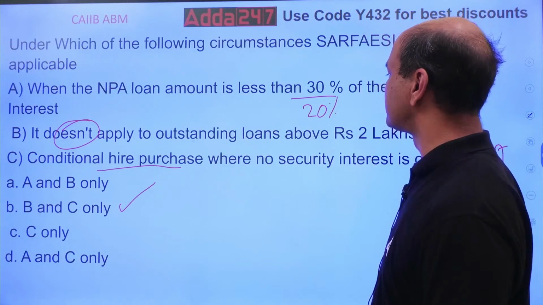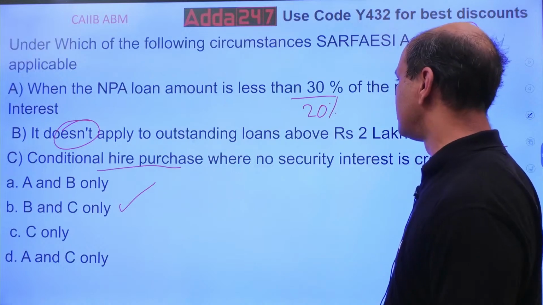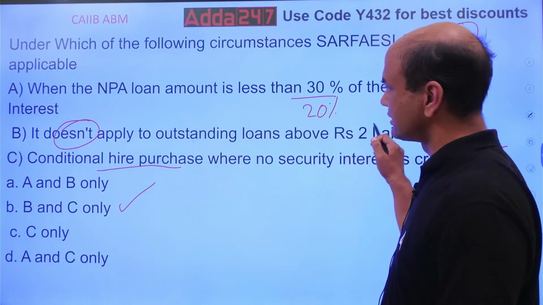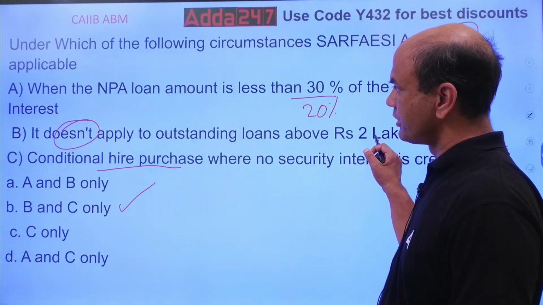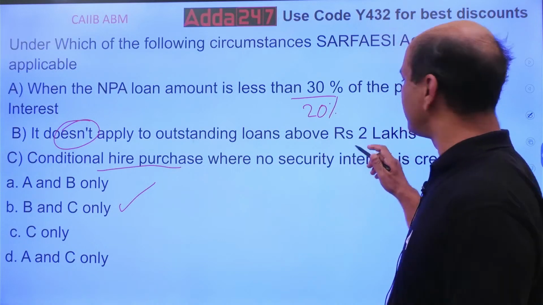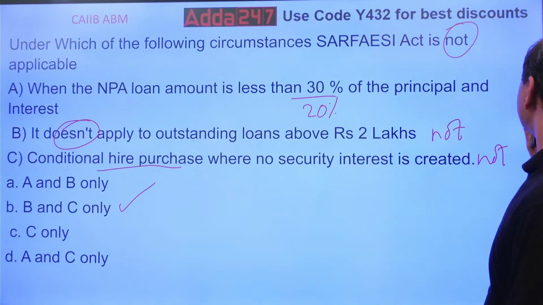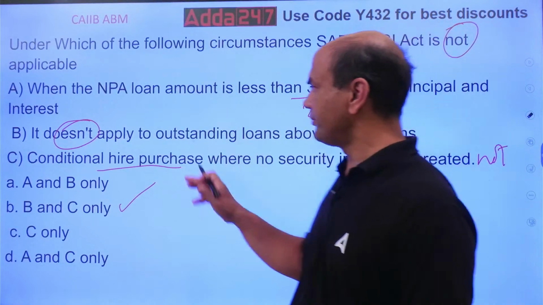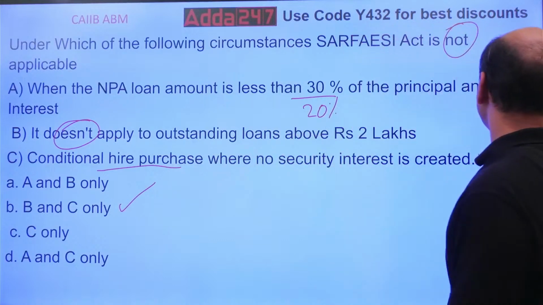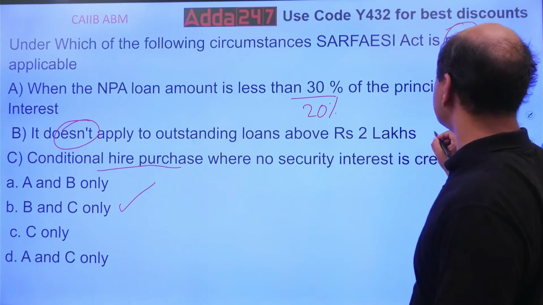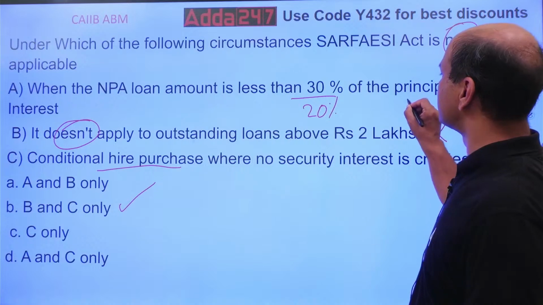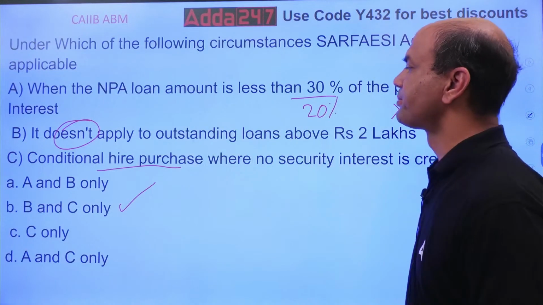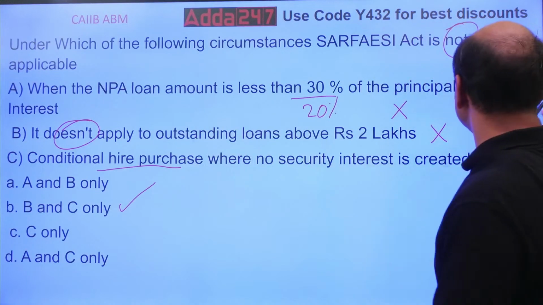If a loan is above 2 lakhs, will it not be applicable? It will be applicable. So this is false. I got confused between this. So this is wrong. This is also wrong. Answer is C. Conditional hire purchase.